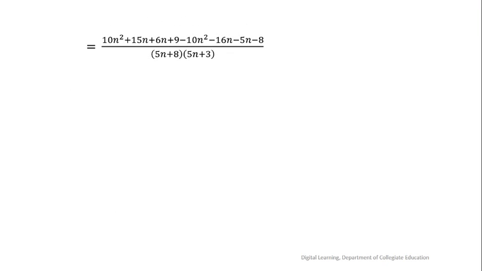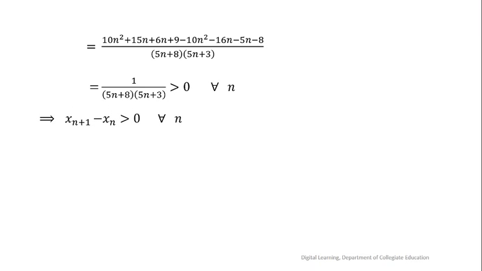Then, on simplification, we will get (10n square plus 15n plus 6n plus 9 minus 10n square minus 16n minus 5n minus 8) by (5n plus 8) into (5n plus 3). That should be equal to 1 by (5n plus 8) into (5n plus 3), that is more than 0 for all n.